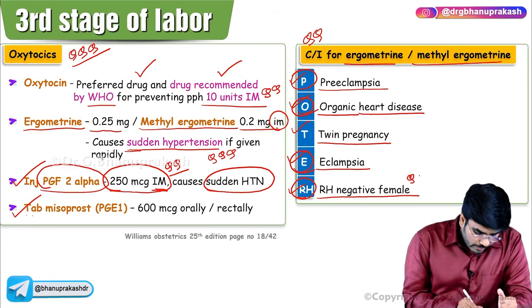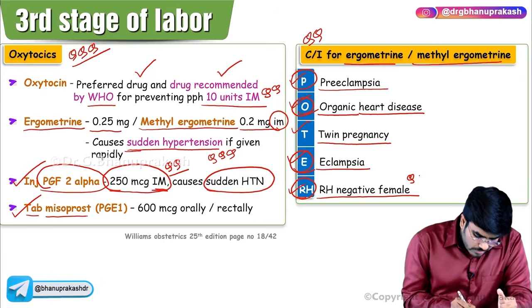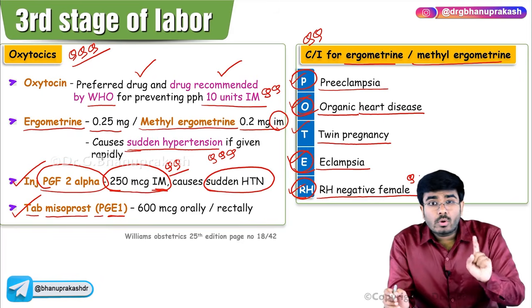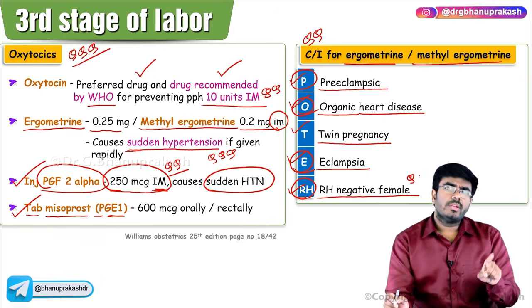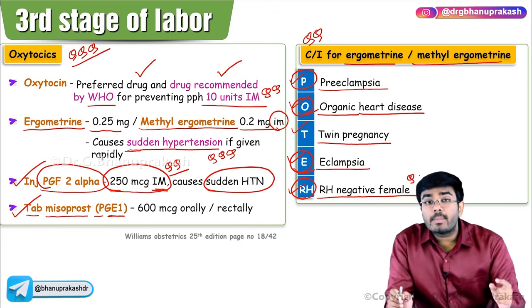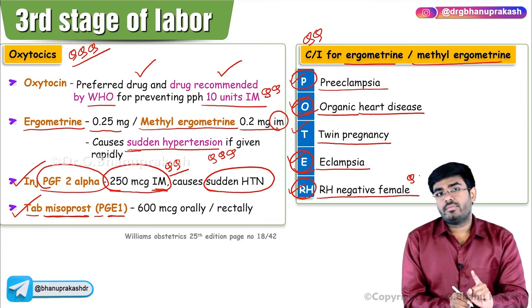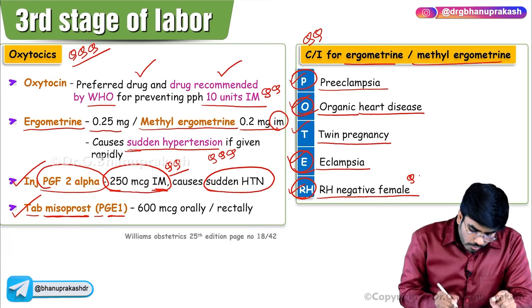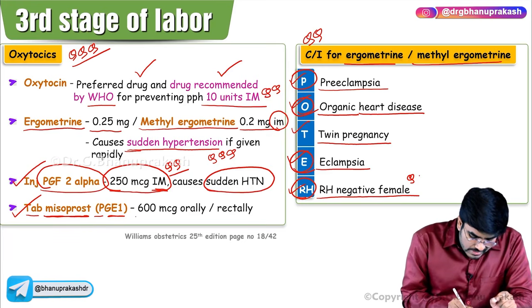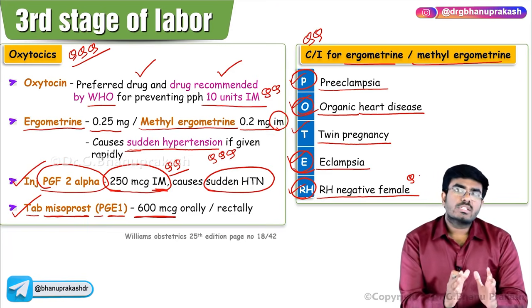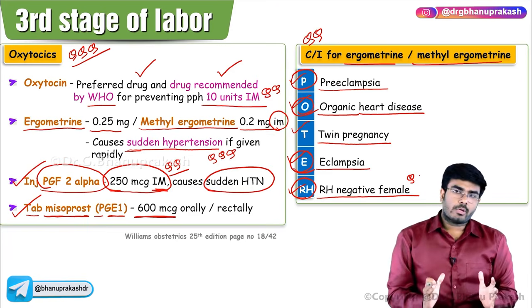You can also give tablet misoprostol, okay. Misoprostol means prostaglandin E1. It's not mifepristone. No, mifepristone will be used in the termination of pregnancy. I am talking about misoprostol, not mifepristone. Very, very important. Misoprostol, how much do we have to give? 600 micrograms, okay. For active management of third stage of labor, we can give 600 micrograms.